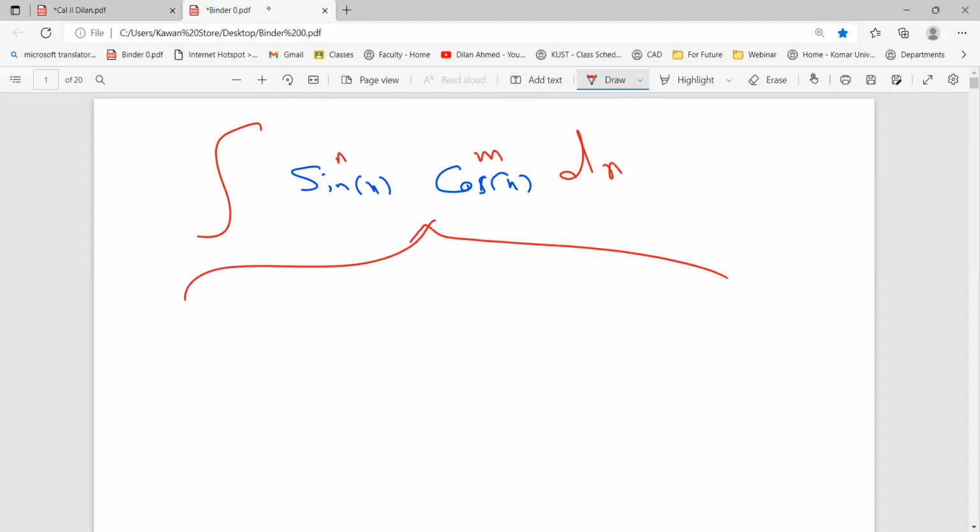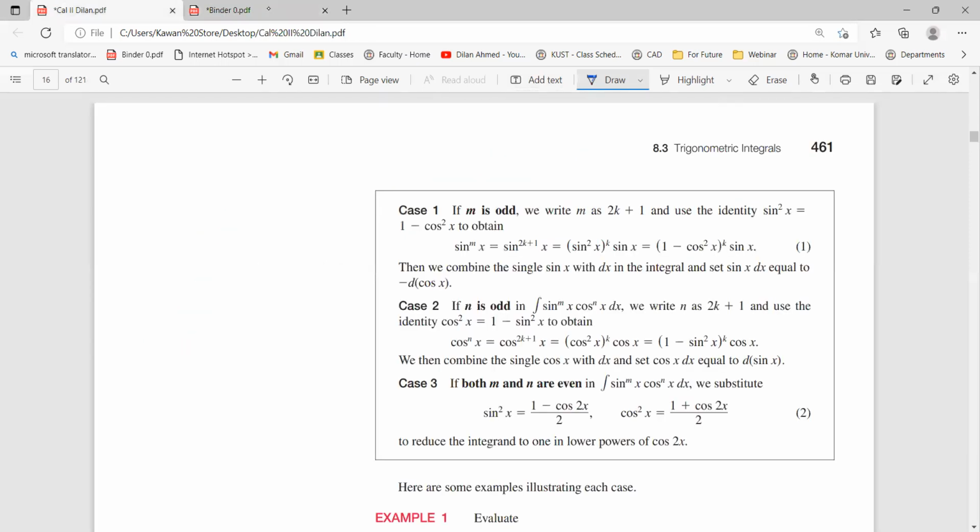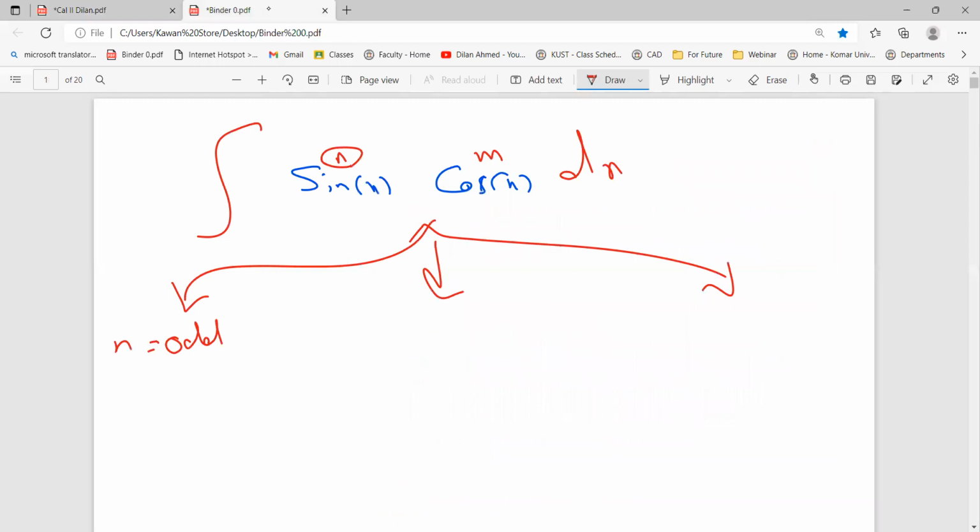You make it 3 cases. If one of them is odd, m odd, n odd, or m odd, or m and n both are even.